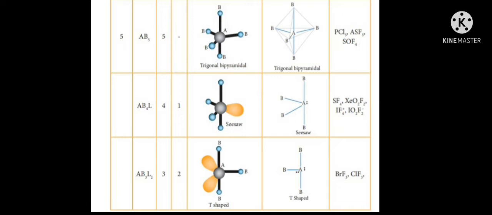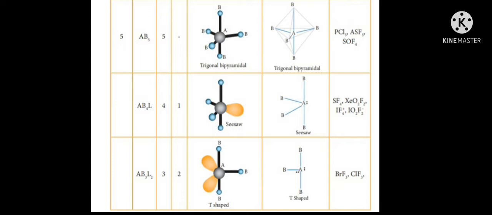The molecular geometry is shown here. PCl5, AsF5, SOF4 are examples for AB5 molecule. Again, let me discuss number of electron pairs equal to 5.